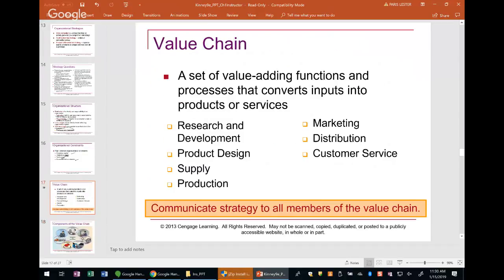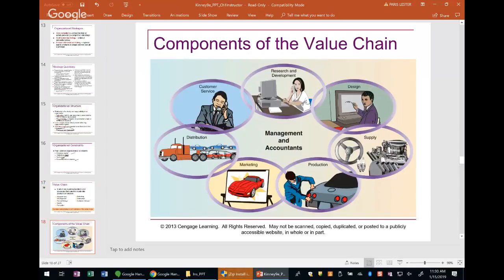Value chain, that is another marketing idea. Will we may have to do accounting for a value chain? Sure. We worry about production in this course. Production. Okay.